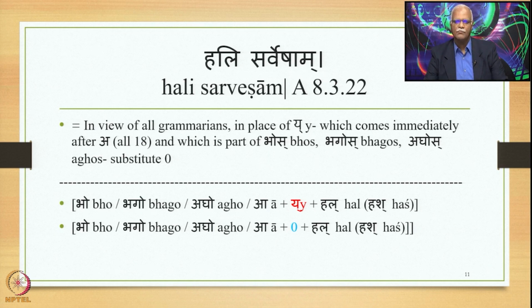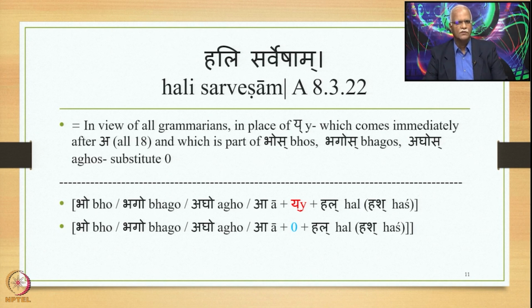So to put it in the form of an equation, we can say that bho, bhago, agho, a plus ya plus hal, eventually this means hush, and then the output generated is bho, bhago, agho, a plus 0 plus hal, eventually hush.